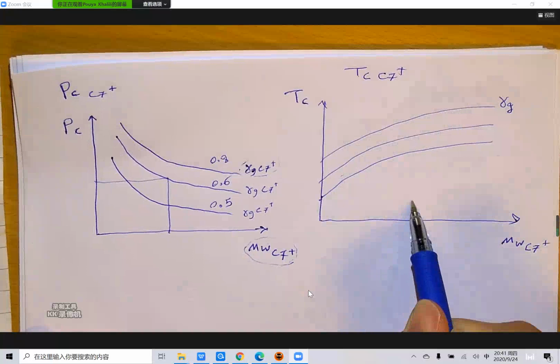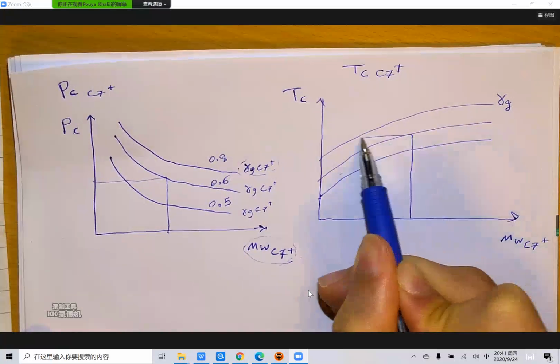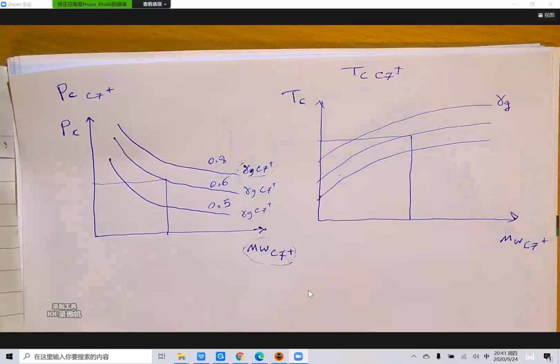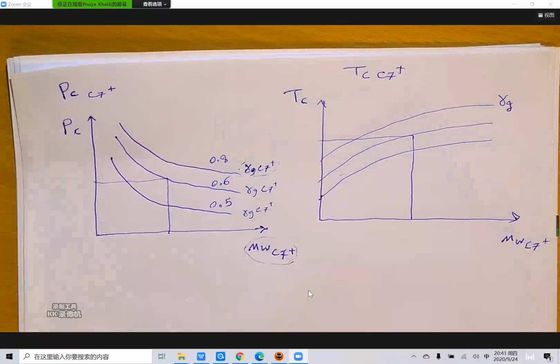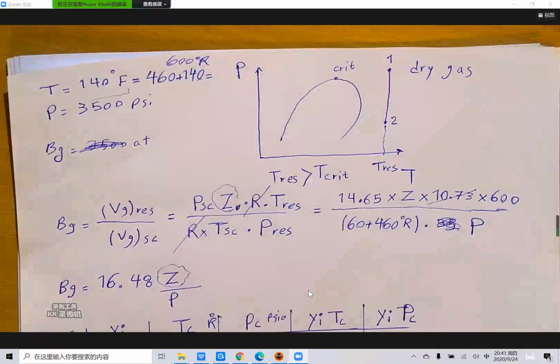So we have both of this data, and we can easily find the critical temperature. Back to the table.